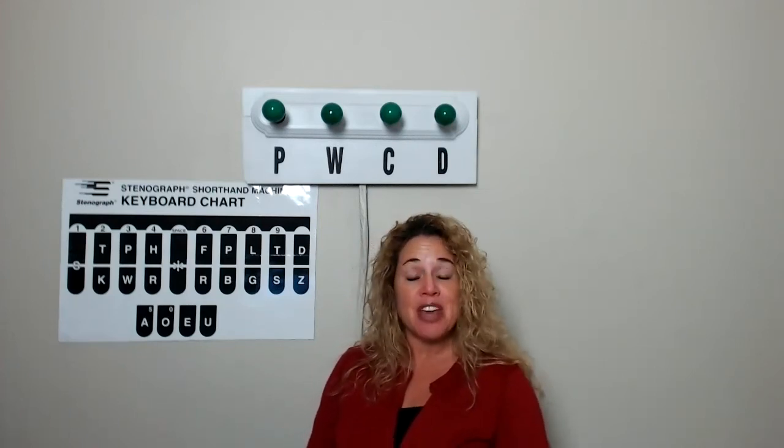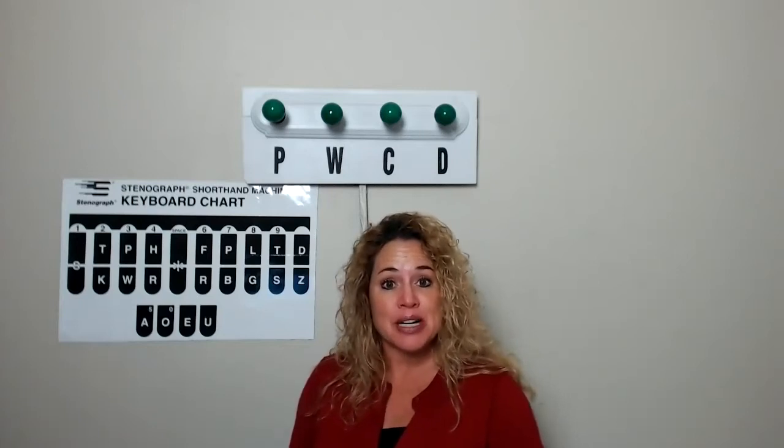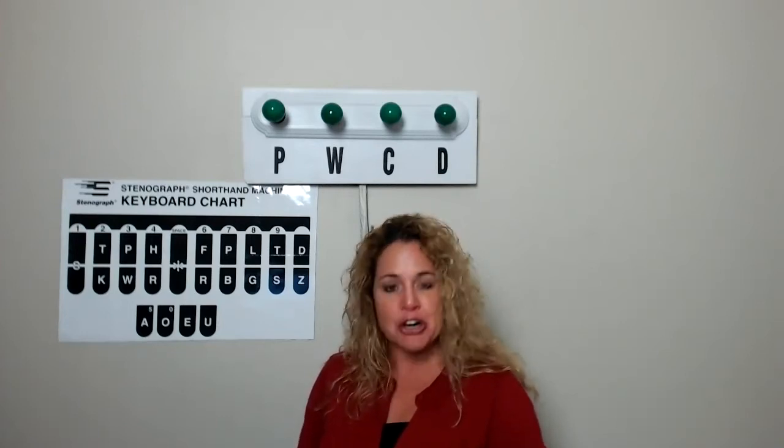But just make sure you've got about a 90-degree angle at your elbow, and you want your feet flat on the floor. You want to sit up nice and straight. Have your machine right in the middle of your legs. You don't want it off to the side. That will give you back problems. And make sure your feet are nice and flat on the floor.